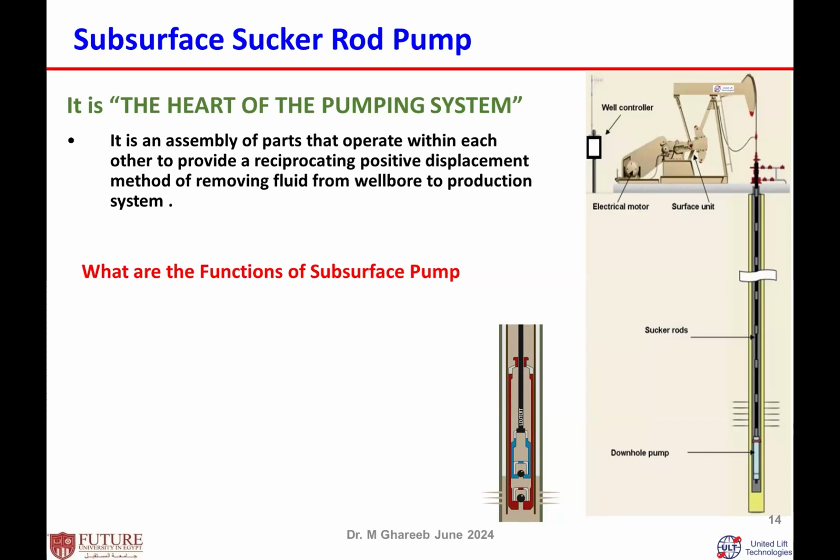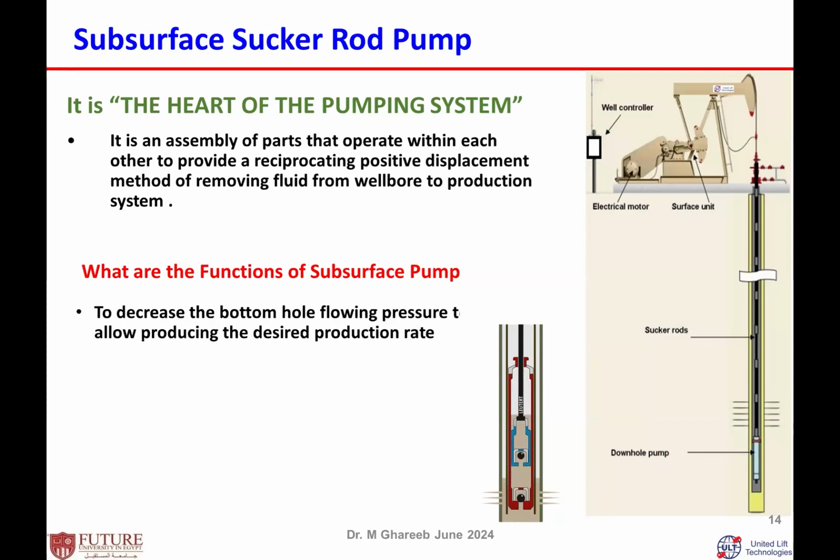Then what are the main functions? Since the pump can handle all types of fluid, let us talk about what the function of this pump is. Usually the downhole pump does two functions, regardless of whether it is a sucker rod pump, PCP, ESP, or surface pump, if it is an artificial lift pump. First of all, it decreases the bottom hole flowing pressure in order to allow the reservoir to produce the desired target production.